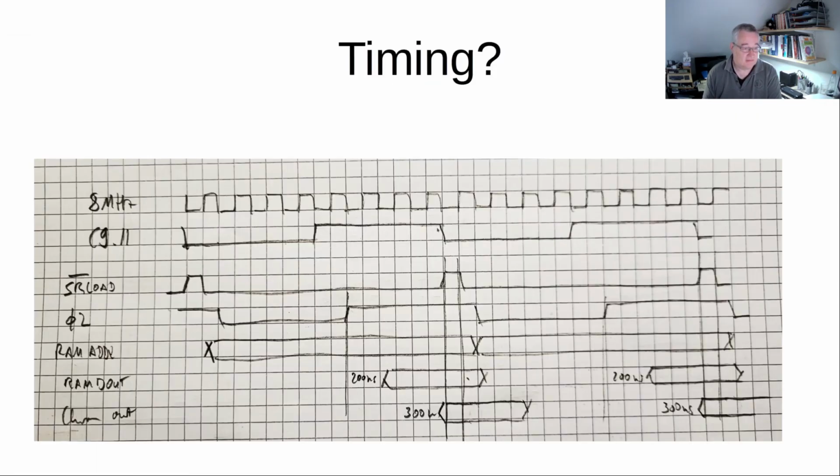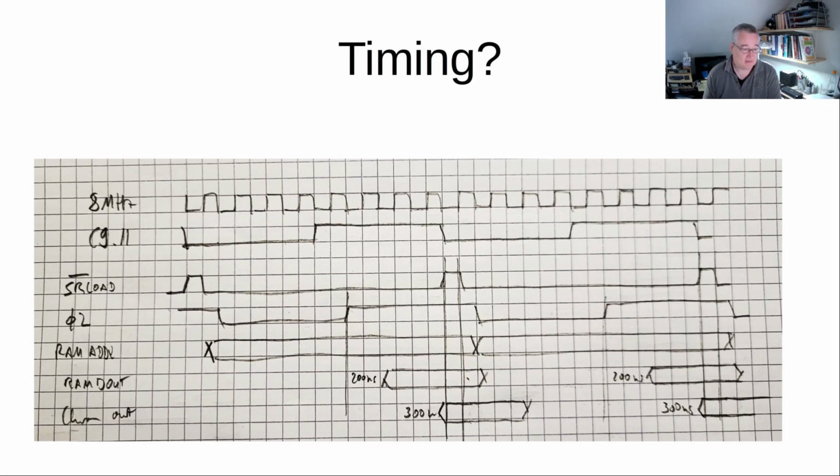So what does the timing look like? We have the 8 megahertz clock, we have the 1 megahertz output, we have the shift register load, we have the Phi2 clock, we have the RAM address, and what we have here is the RAM address must be active and valid when Phi2 goes high for the RAM.